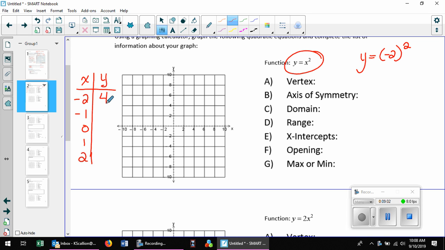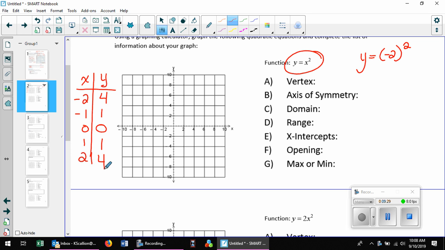All right, so if I substitute -1 into that equation, -1 squared is 1, because -1 times -1 is 1. 0 squared is 0. You guys feel smart yet? Come on, you can square things, you're good. 1 squared is 1. And 2 squared? 4.